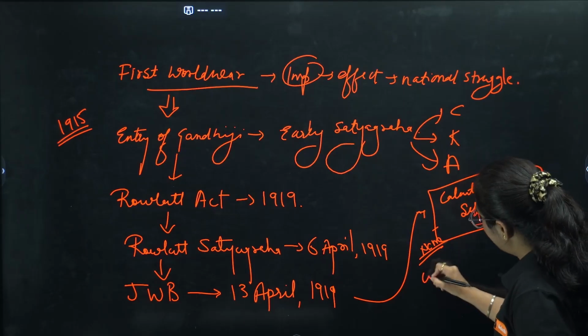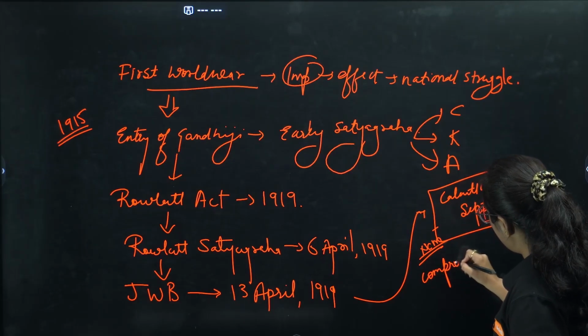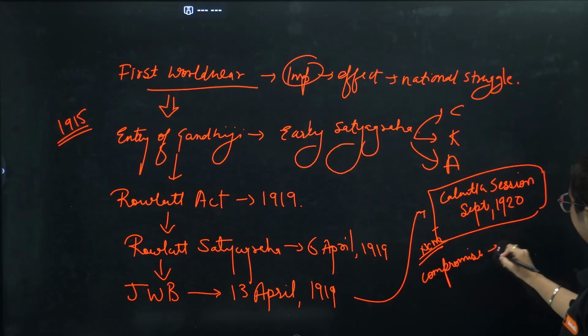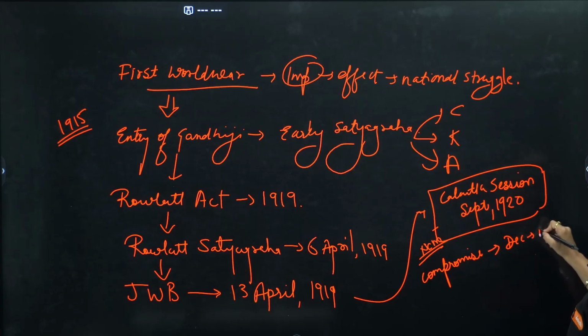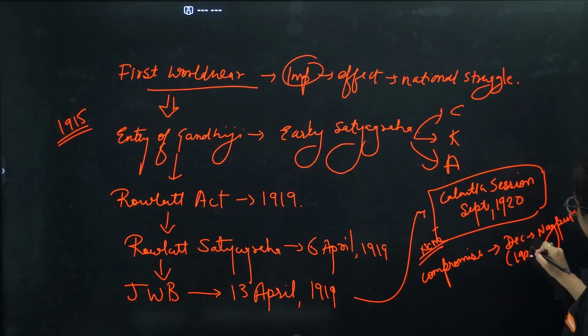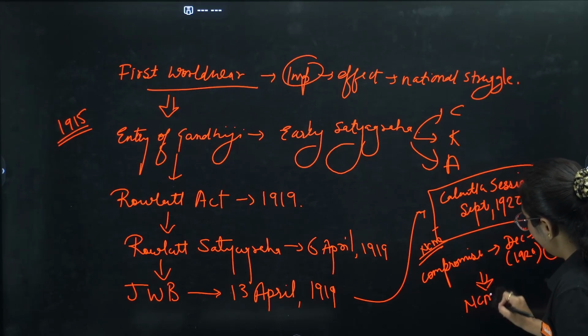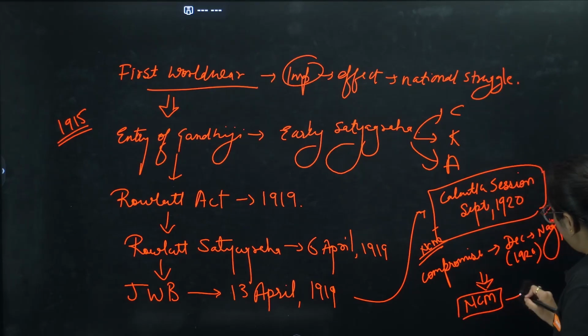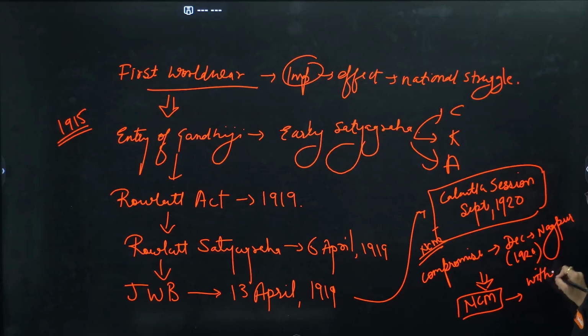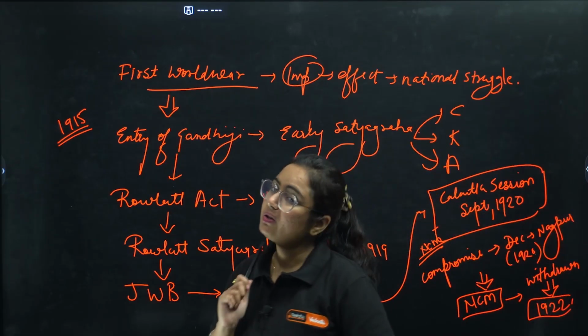Then a compromise between the leaders was done in the December session at Nagpur. This is also in the year 1920. Then eventually we started the non-cooperation movement, and this movement was withdrawn in the year 1922 because of the incident that happened in Chauri Chaura, and this was a violent incident.